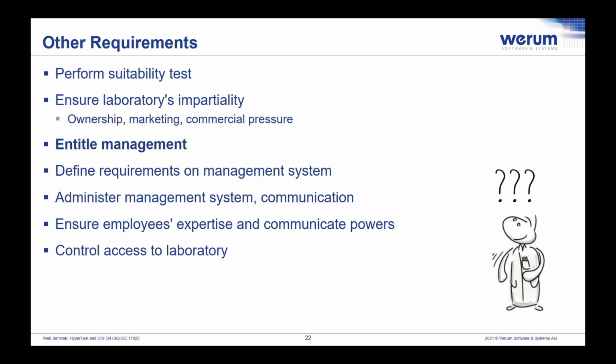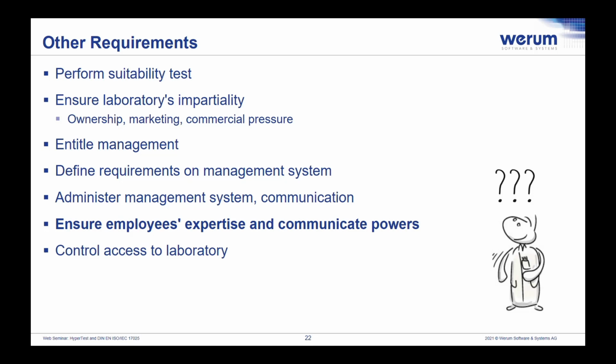An information management system can't undertake organizational tasks like entitling managers, but it can very well administer their rights. The requirements are stored in the business model of HyperTest, but they must be defined beforehand. Administering the management system is no task an information management system can undertake, but HyperTest can support the management of communication documents.